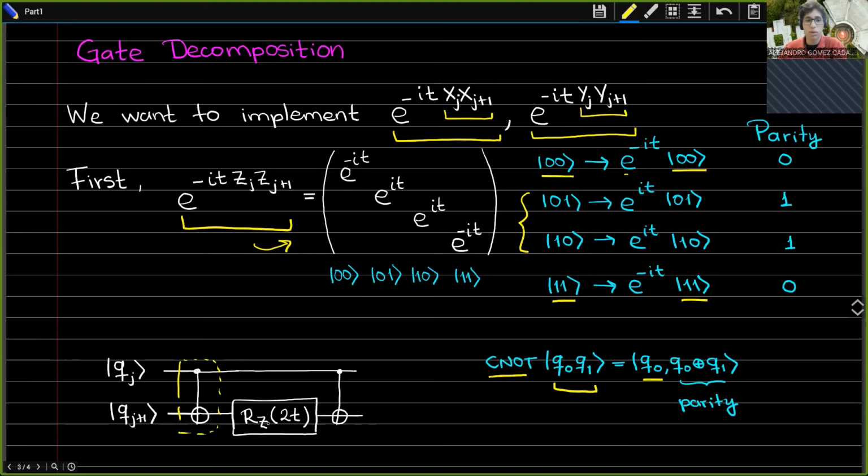So it should be a Z rotation, and the form of the Z rotation is the following. So RZ of theta equals e to the minus i theta Z over 2. And the matrix form is the following: minus i theta over 2. It's also diagonal, i theta over 2.